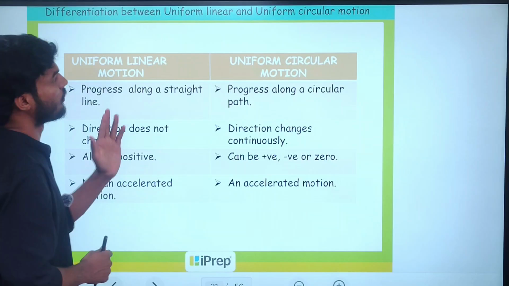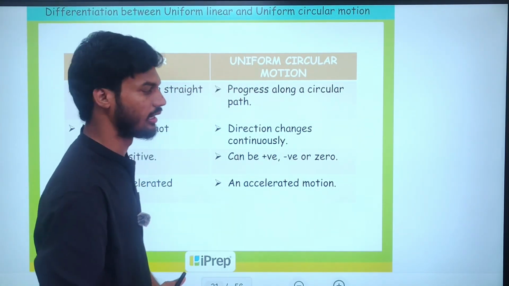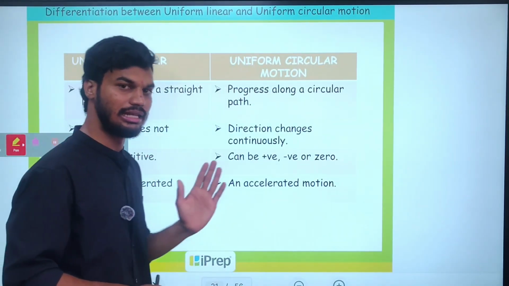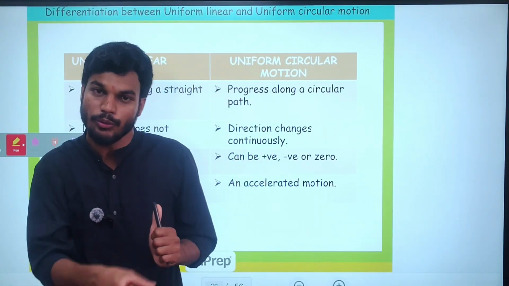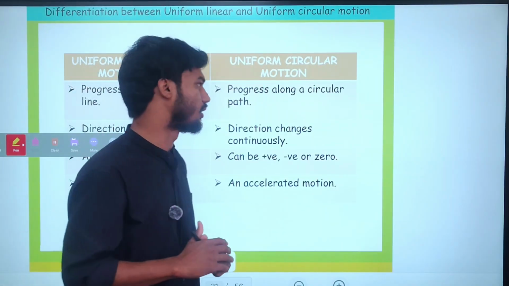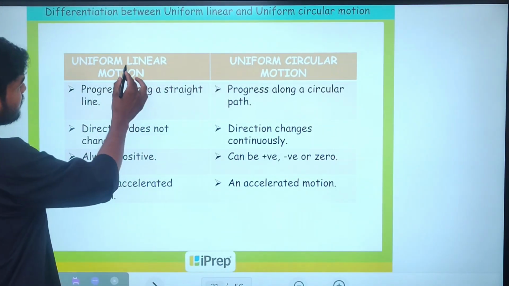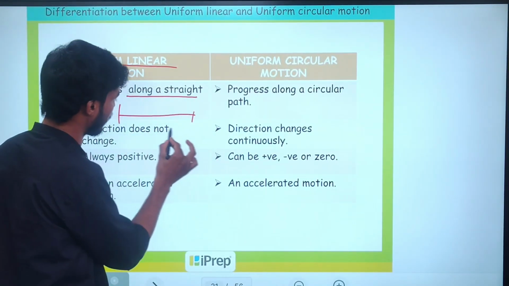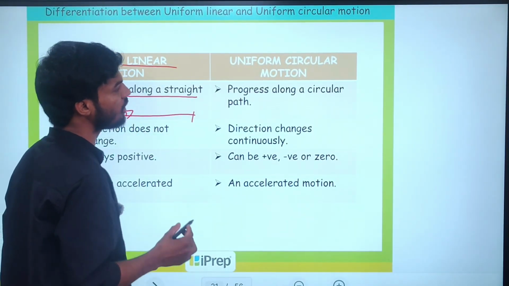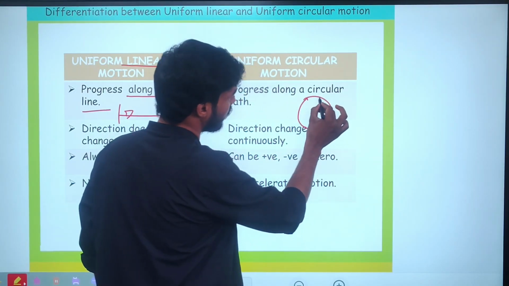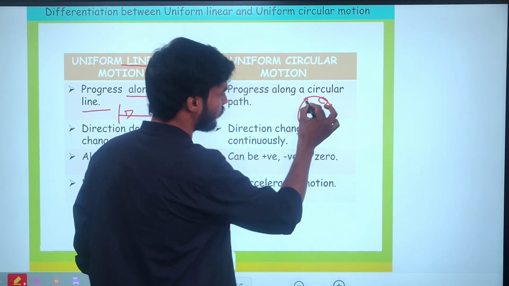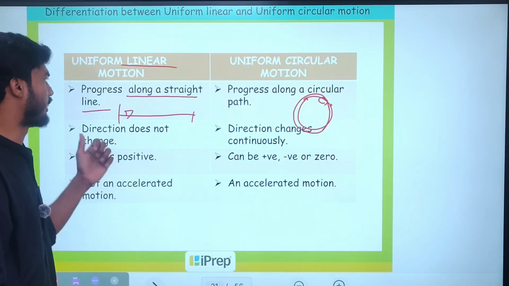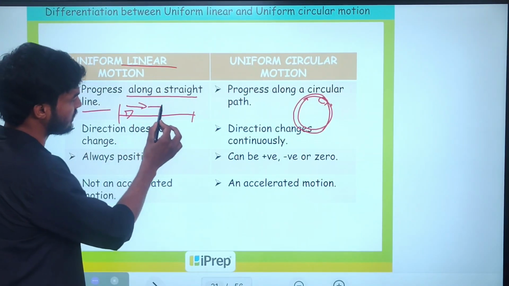Next, the difference between uniform linear and uniform circular motion. Linear means a straight line. When the object travels in a straight line, we call it linear. When the object travels around a circular path, we call it circular motion. Linear means progress along a straight line. In a straight line, the direction does not change; it is always the same direction.